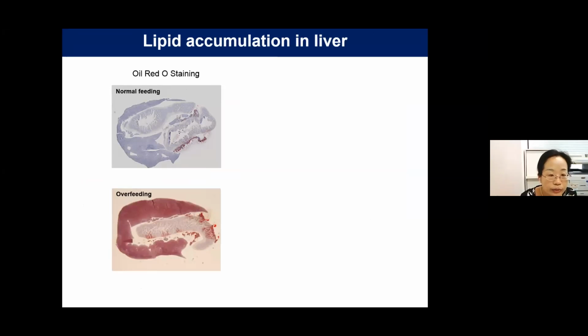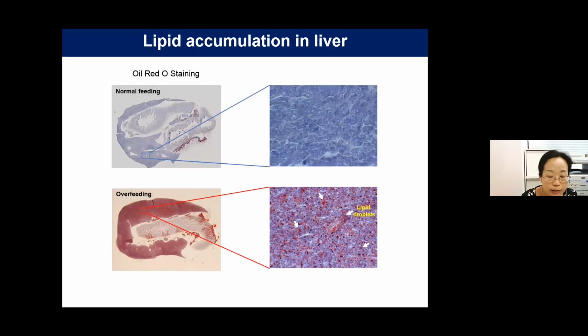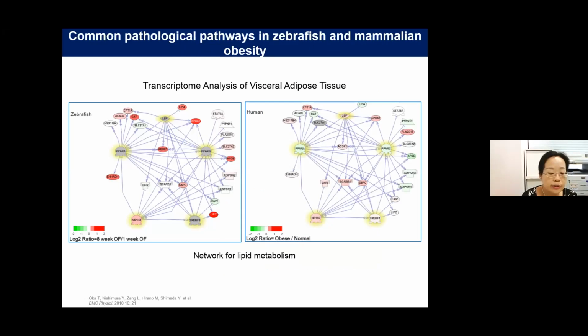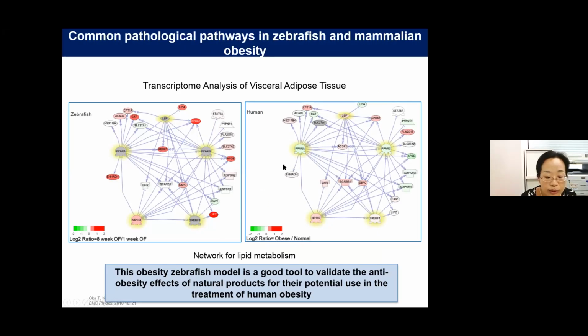This is the oil red O staining of frozen sections of the zebrafish liver tissue. The white arrows indicate the lipid droplets. The transcriptome analysis of the visceral adipose tissue revealed that obese zebrafish and humans share common pathological pathways related to lipid metabolism.